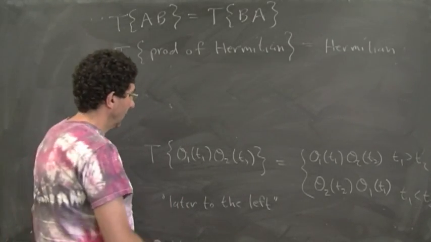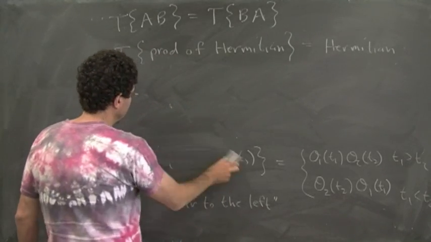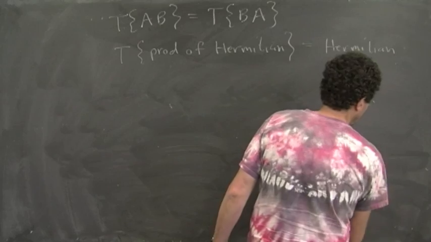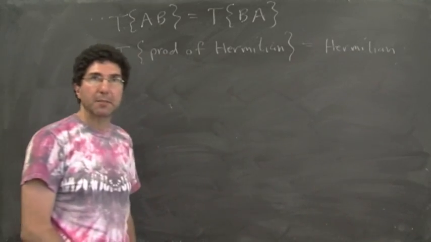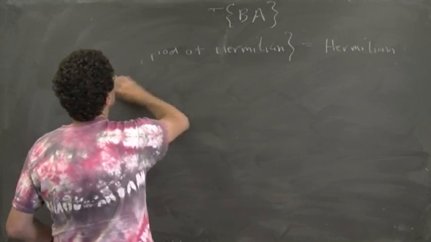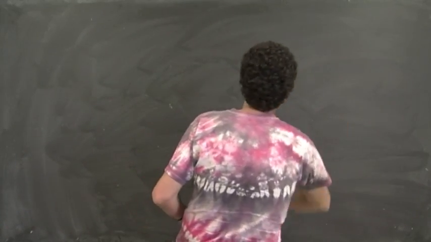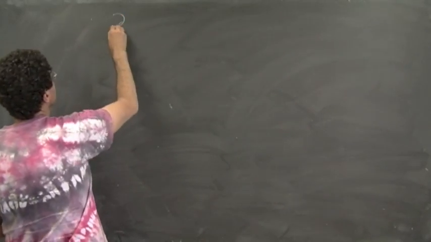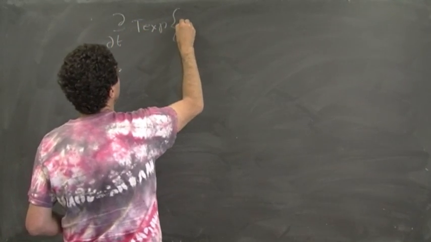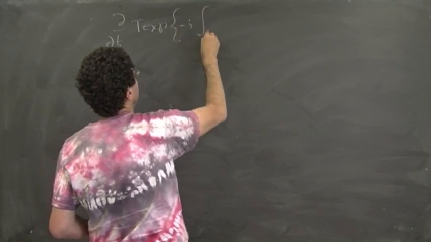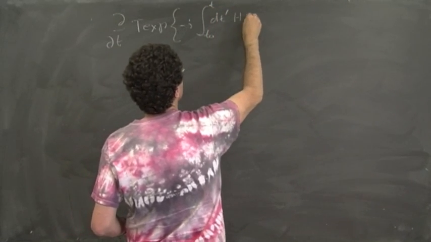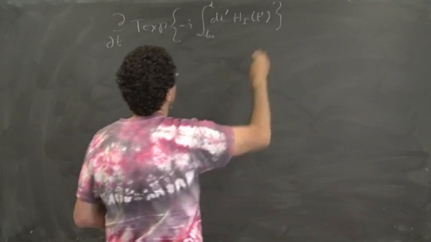Okay, so I asserted that this time-ordered exponential solves this equation. Let's check. We want to take d by dt of this time-ordered exponential of minus i integral t naught to t dt prime h(t prime).